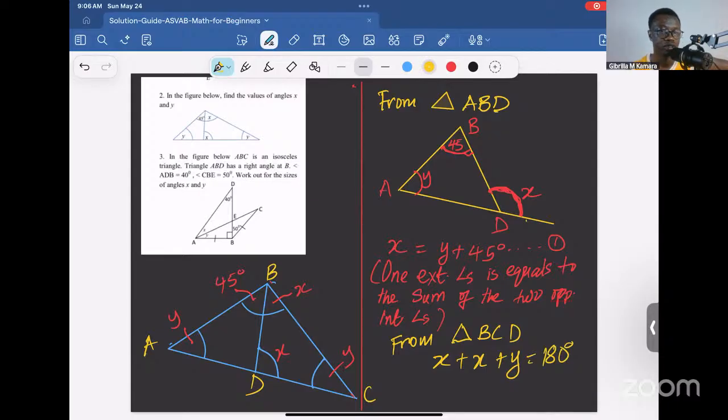They are angles in a triangle, right? Sum of angles in a triangle. So this one is going to be equation 2. Once we have equation 1 and equation 2, we can easily find the solution to the question. That becomes very easy to solve.